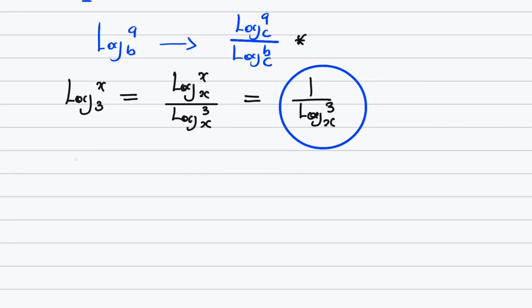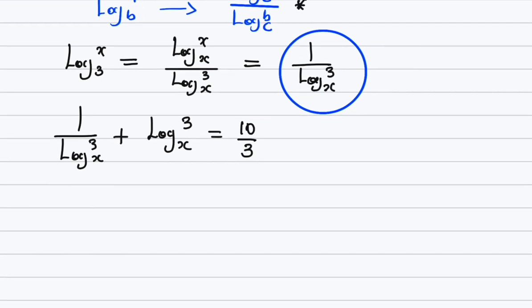So I'm going to have 1 over log of 3 base x plus log of 3 base x is equal to 10 over 3. Now everything is taking shape except for the fact that I'm looking for x, but log is just on my way. So what I need to do now is to substitute in this manner.